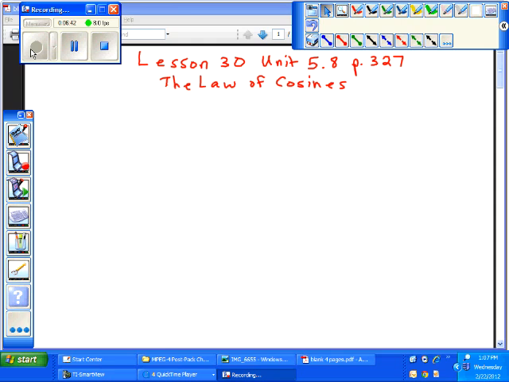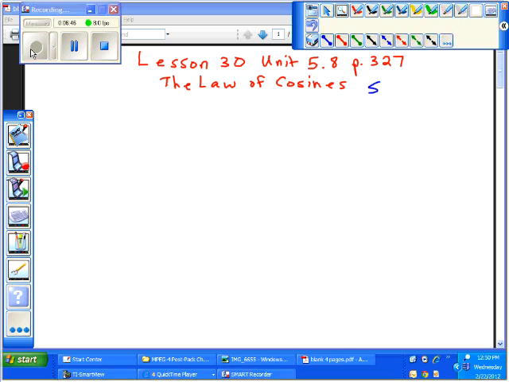We're going to use the law of cosines when what we are given is in the order of side, side, side, or side, angle, side, in a non-right triangle. Then we will use the law of cosines to solve.